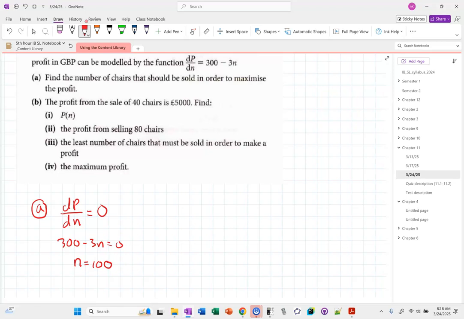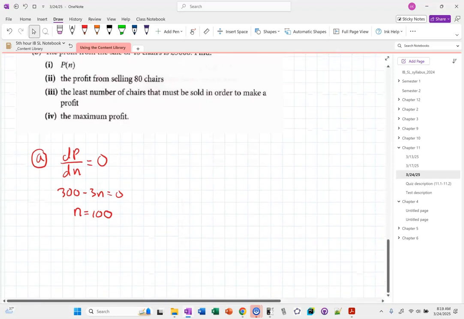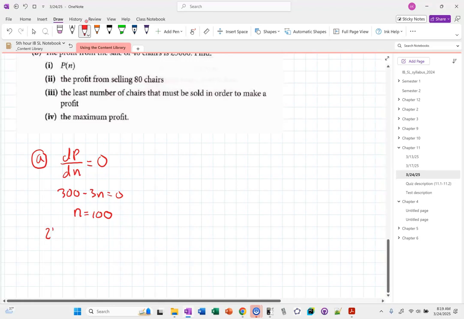Is that okay? Now that's not enough to tell me it's a maximum, right? All that tells me is that it's a stationary point or a critical value. To show that it's a maximum, what I would do is a second derivative test.